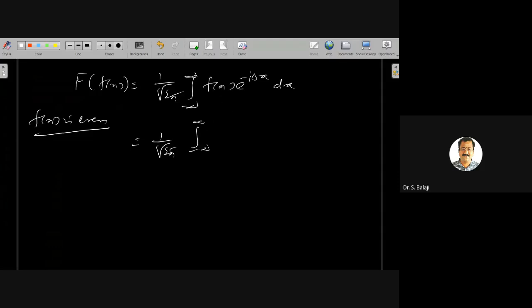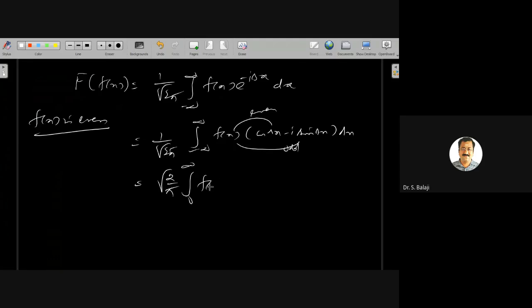Then you can split it as cos sx minus i sin sx. This is even and this is odd. The odd part vanishes, and you get root of 2 by pi, 2 into 0 to infinity, f of x cos sx dx.